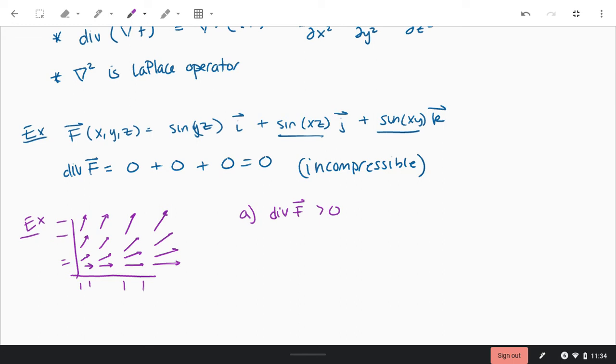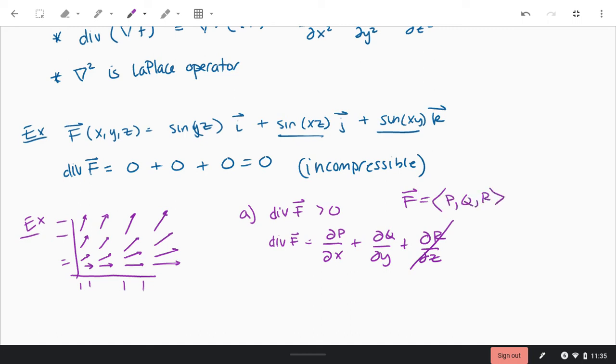Okay, one thing you can also tell here is, remember your divergence of F is dP/dx plus dQ/dy plus dR/dz. And well, there is no R here, so R is 0. Okay, and F here, remember, is P, Q, R. Okay, so the fact that this is 2D tells us that R is 0. Okay, and then dP/dx.